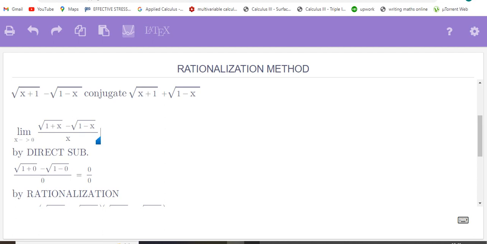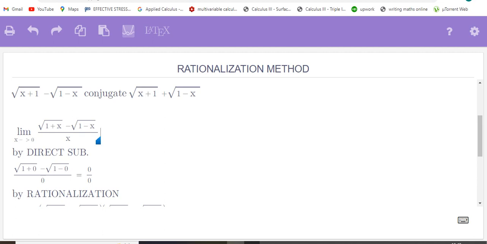By direct substitution, we get root of 1 plus 0 minus root of 1 minus 0, over 0. So we have root of 1 minus root of 1, which is 0. So by direct substitution, we get 0 over 0. 0 over 0 is not a limit, so we have to use another method.